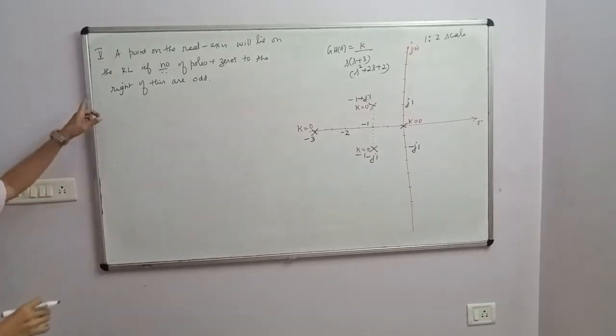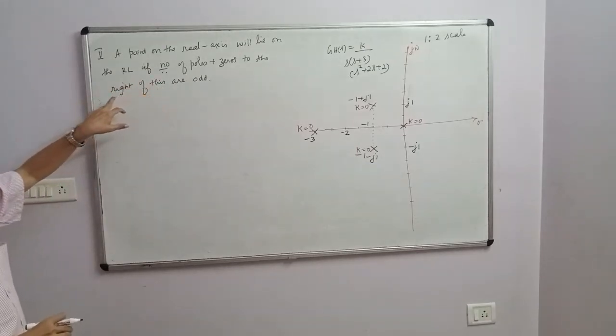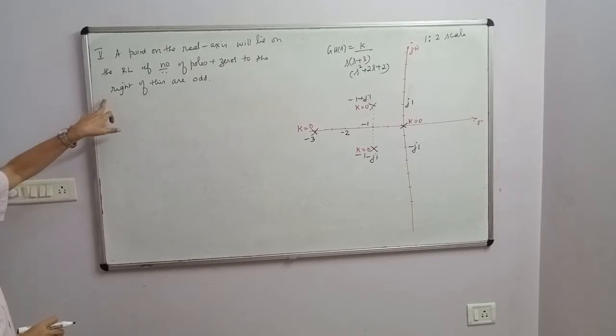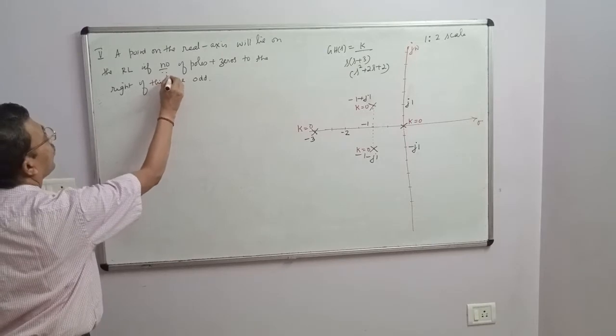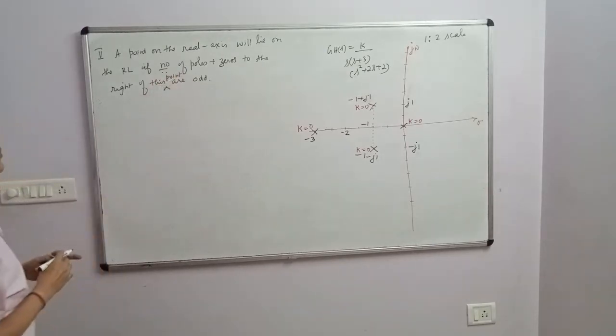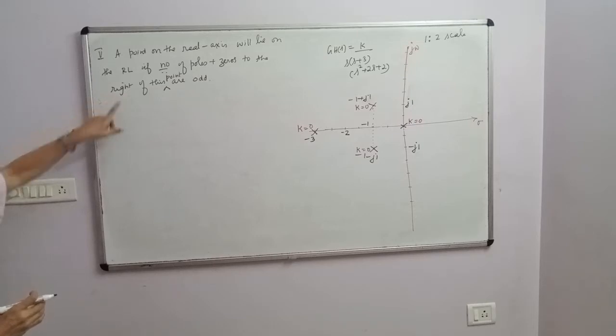A point on the real axis will lie on the root locus if the number of poles plus zeros to the right of this point is odd.